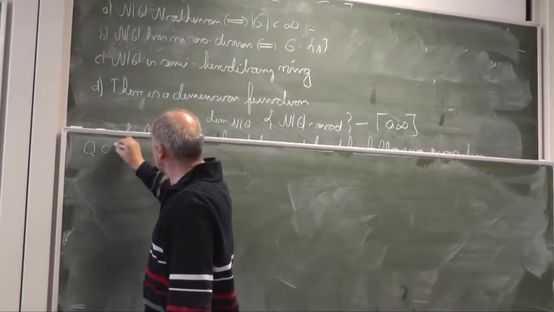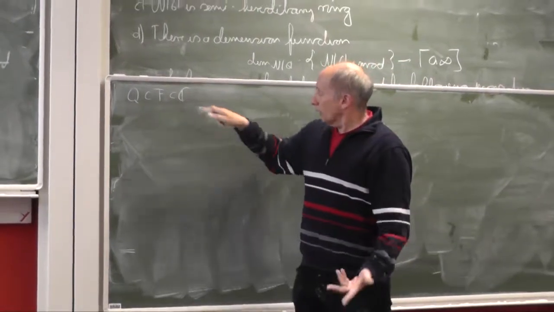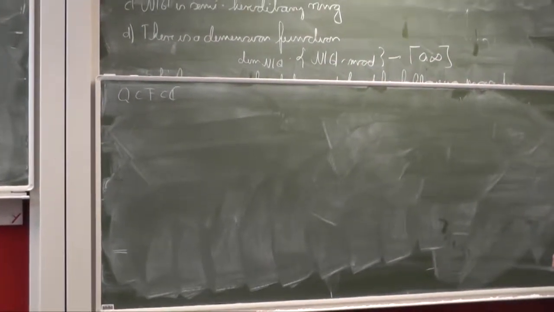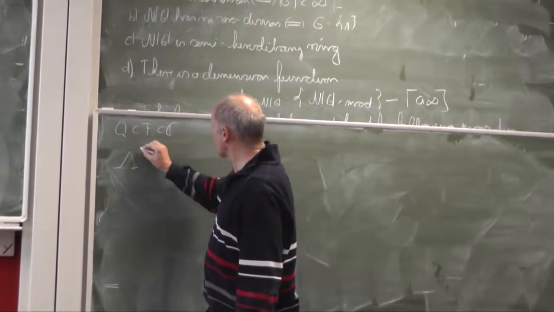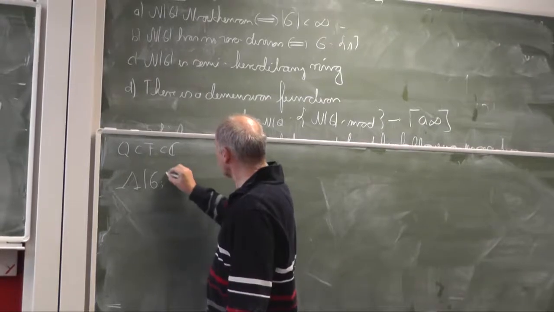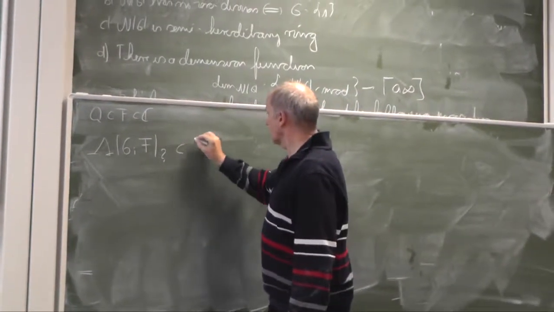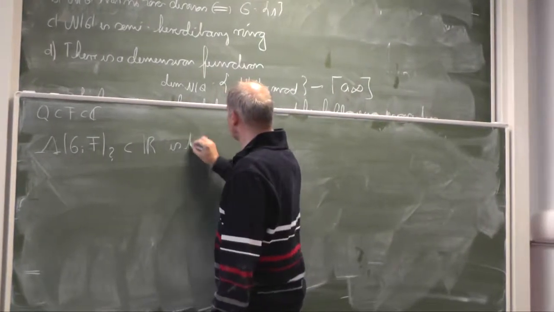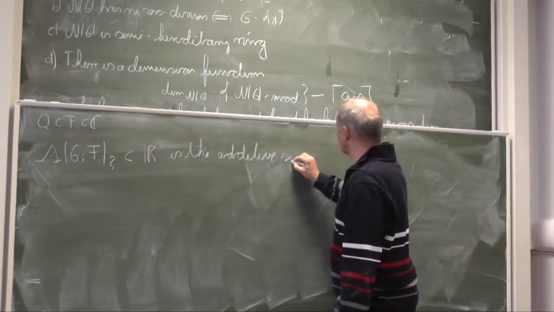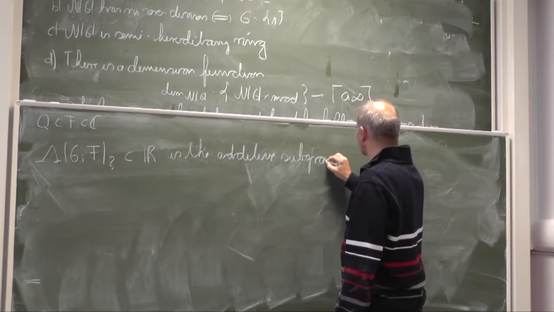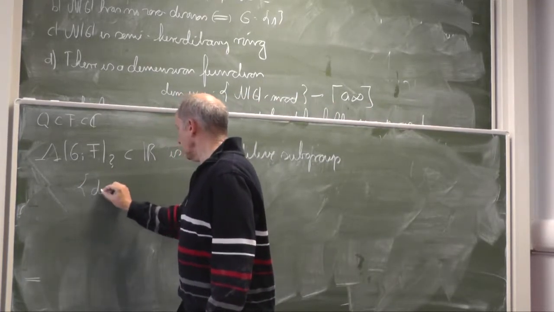So we start with a field F between Q and the complex numbers. Usually in this talk, I think F will be C or Q. And then I introduce the following subgroup of the real numbers. And it's the additive subgroup. And what I will do is, I look at the dimension.